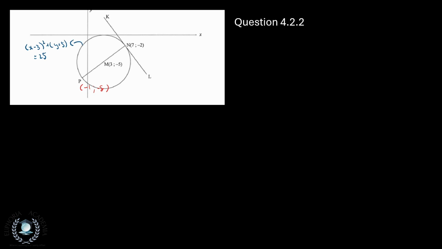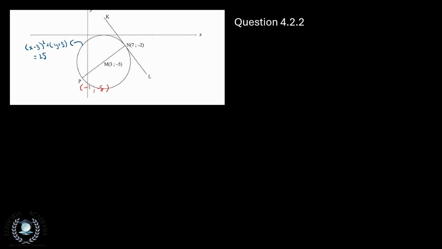Right, so for question 4.2.2, we're asked to find the equation of the line KL in the form of y is equal to mx plus c. Now, we first need to get the gradient of it, and we don't have 2 points, only have 1 point.